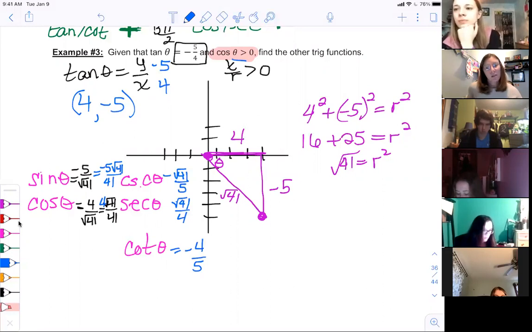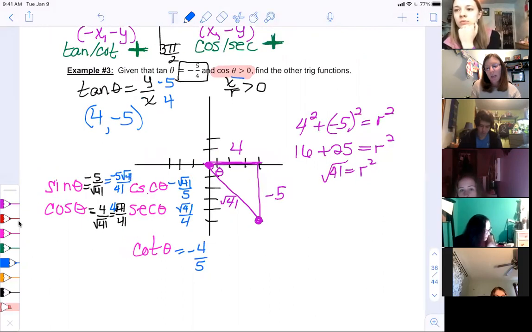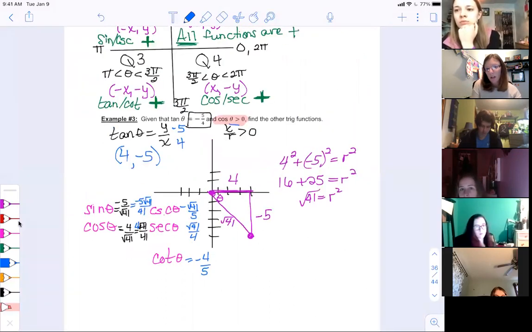Are there any questions? So we're still drawing a triangle. You're still using the Pythagorean theorem, but that triangle now is located in a specific quadrant. The quadrant it is located in is based off of whether x or y is negative from the given information.